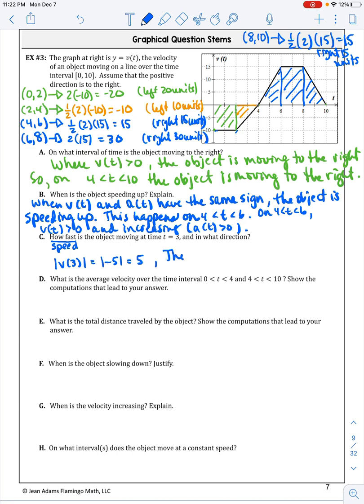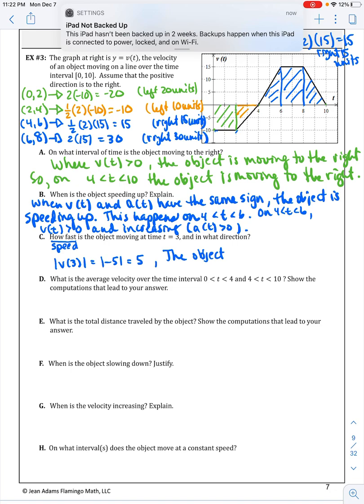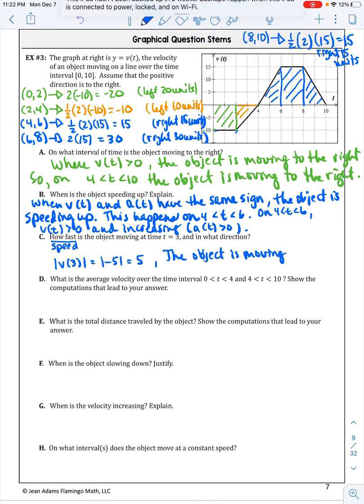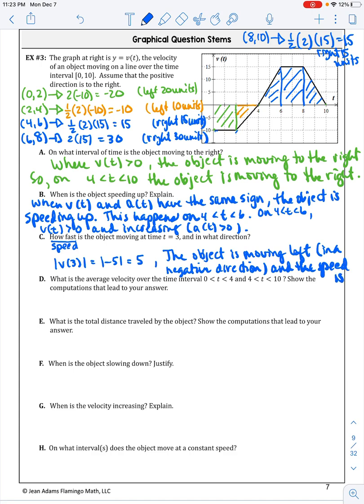So the object is moving left, so in a negative direction, and the speed is 5. They didn't really give us units, did they?